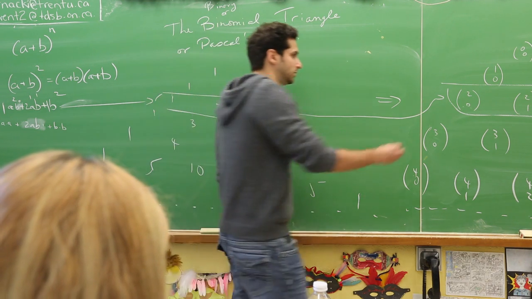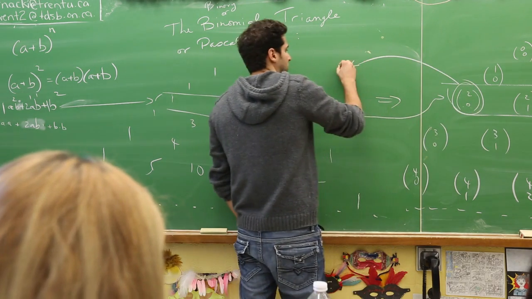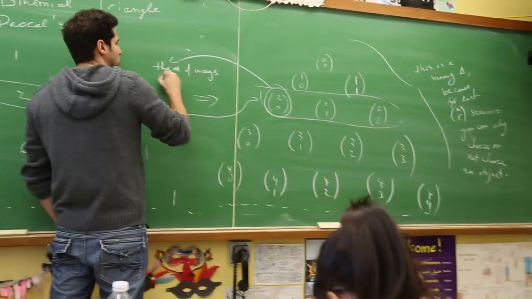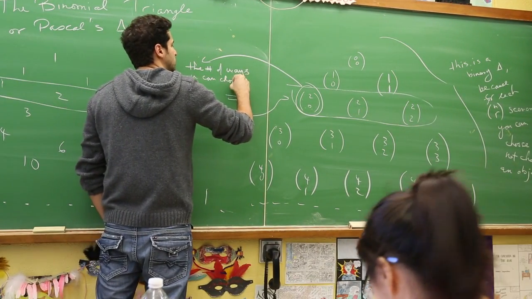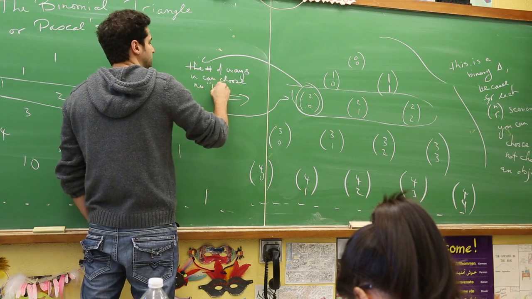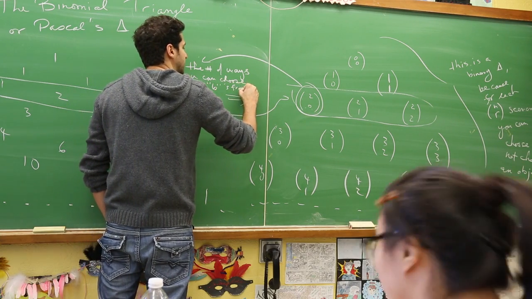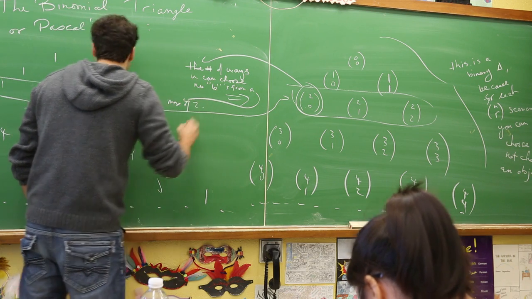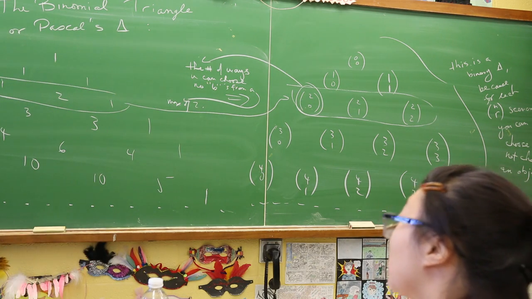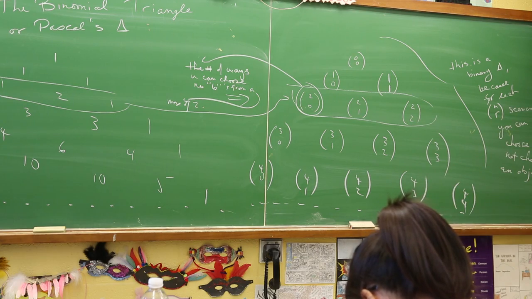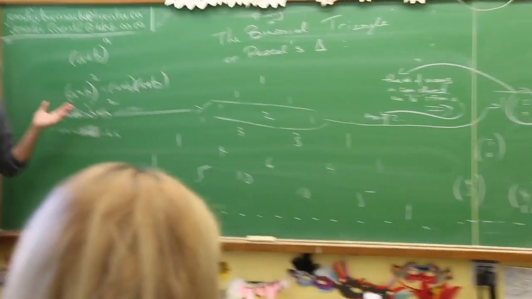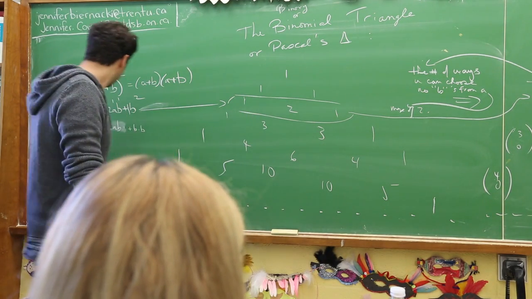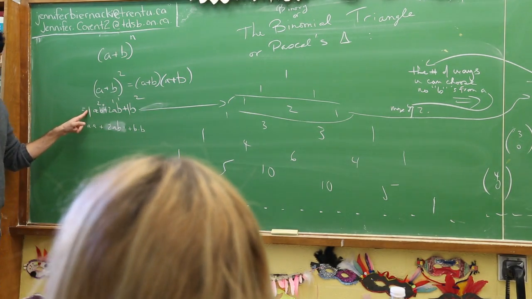I'm going to repeat: the number of ways you can choose no B's from a maximum of how many? 2. So if you follow the pathway, how many ways can you choose no B's? How many ways can you choose nothing? One way. You get a 1 then.